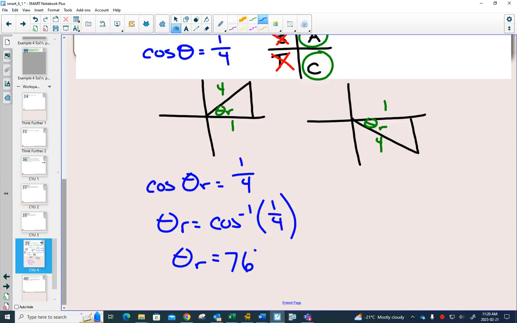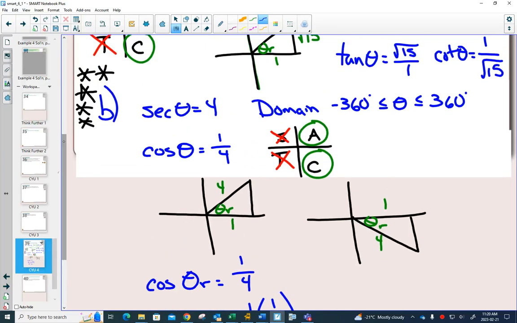And if we look at the domain for this question, I'm going to write beside this domain, when thinking about your circle, because an angle always starts at the positive x-axis in standard position, an angle always starts at 0. If I want to do 75 degrees, I'd start at 0, go to 75 degrees. If I want to do negative 100 degrees, I'd start at 0, and I'd go in the opposite direction, 100 degrees.